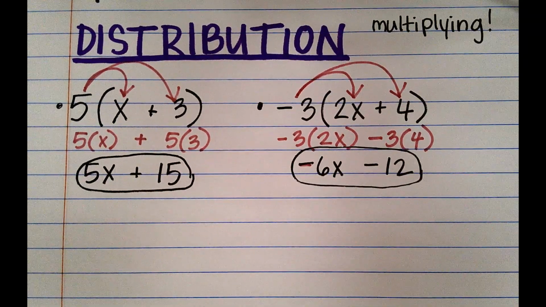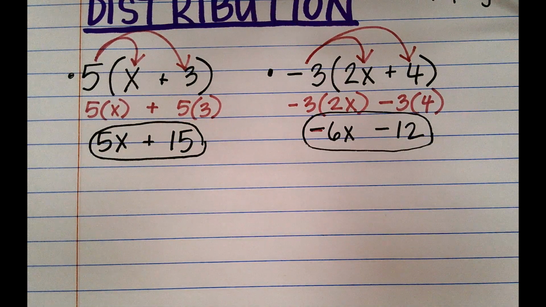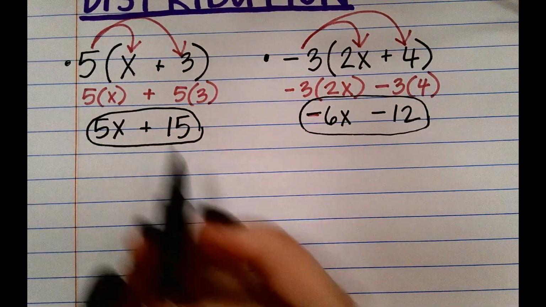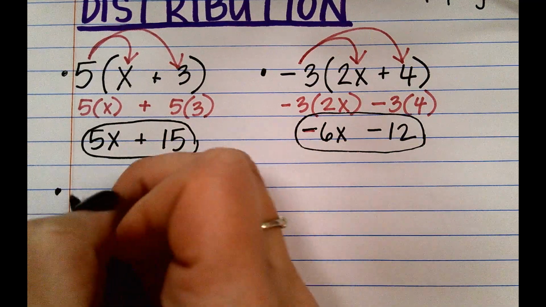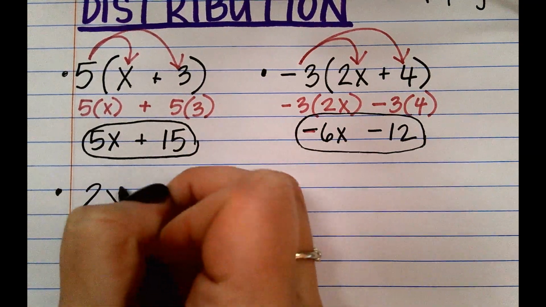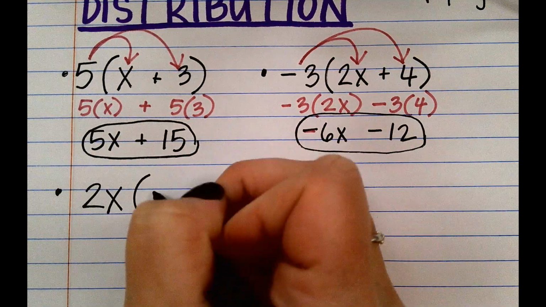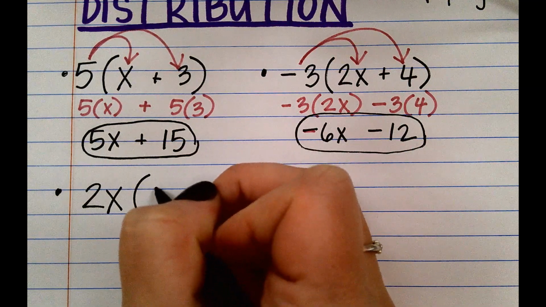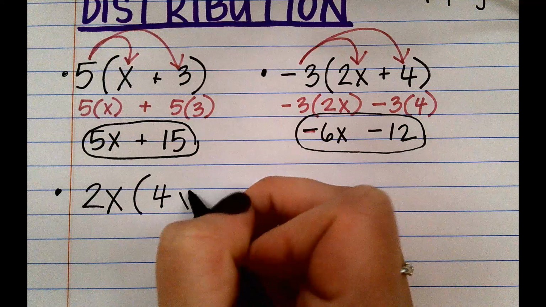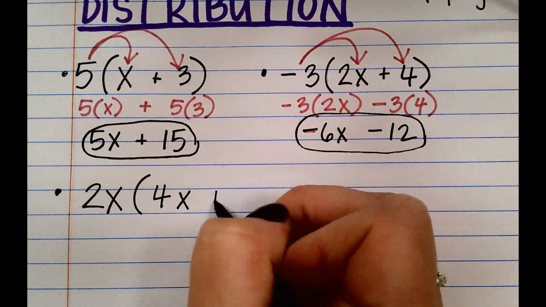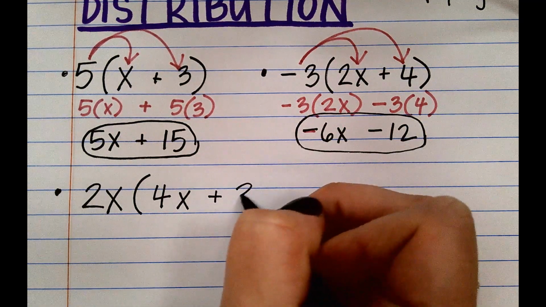All right, so now, what if I gave you a distribution problem like this? What if it was 2x times 4x plus 3.